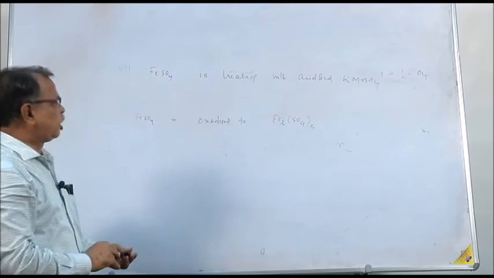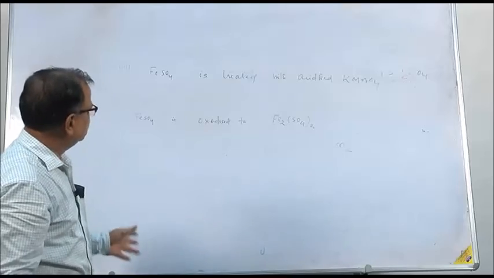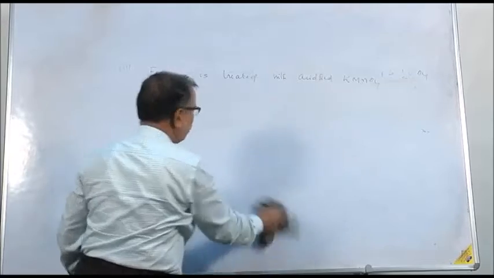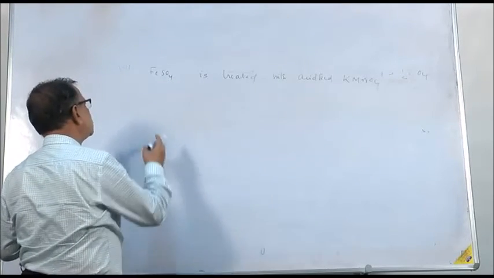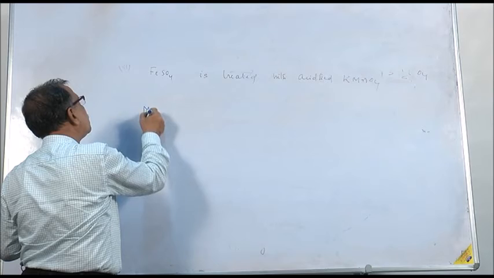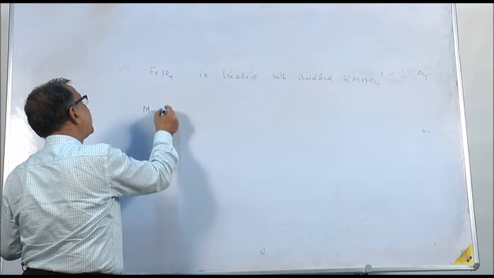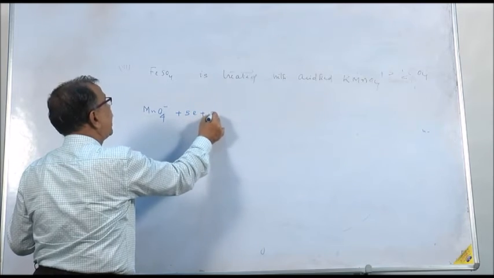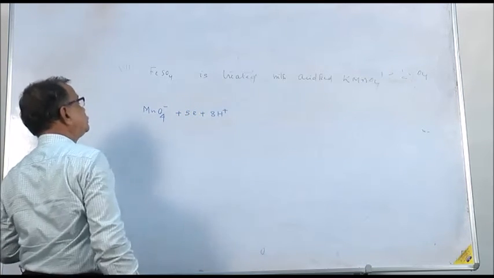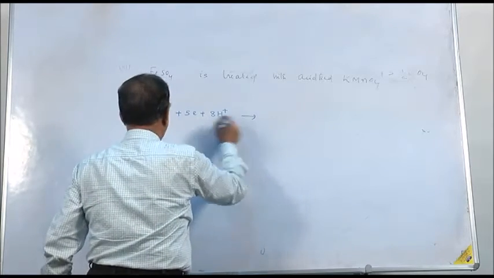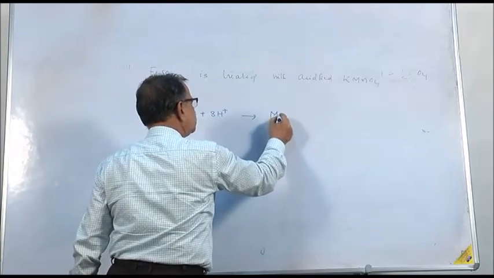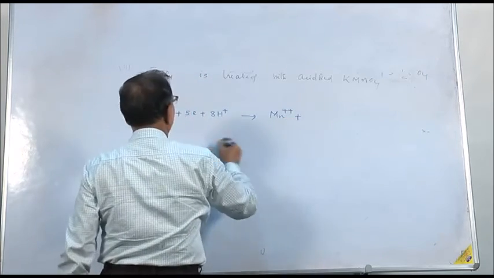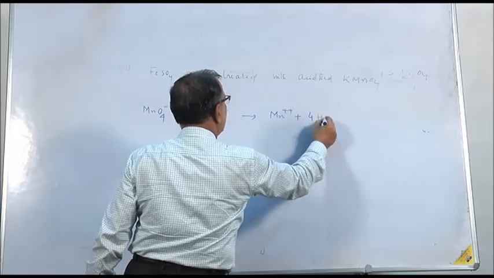How can I write this equation? I will use the ionic method, which is simpler. MnO4 minus plus 5e plus 8H plus gives Mn plus plus, plus 4 H2O.